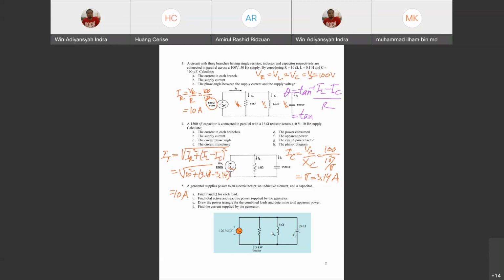IL just now is 3.18, IC is 3.14. So 0.04 over 10. What's the value then? 0.004.